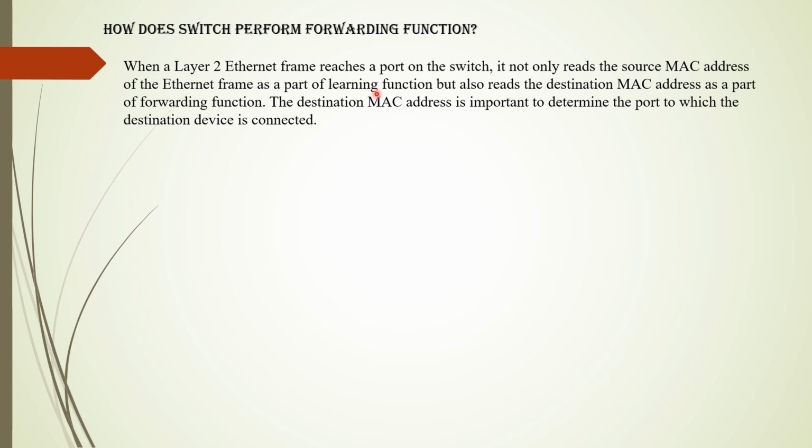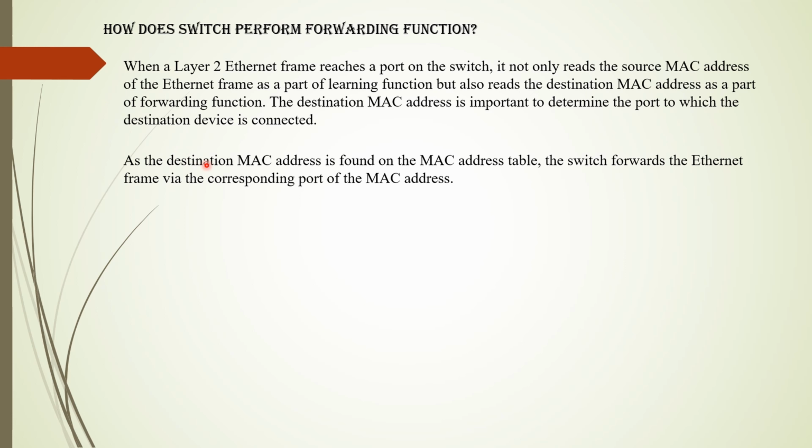So in the learning function, the switch learns the source MAC address. In the forwarding function, it looks up the destination MAC address. As the destination MAC address is found in the MAC address table, the switch forwards the Ethernet frame via the corresponding port.